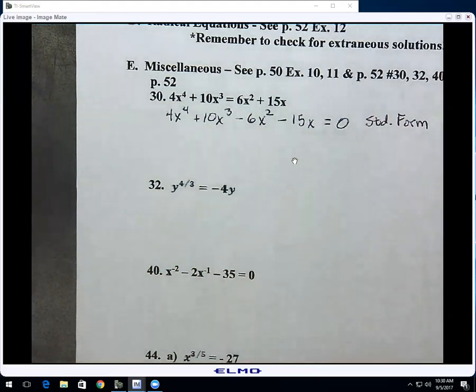What's the only way we know to even attempt to solve something that has 4 terms? Grouping. All right, so now we're praying that it'll factor by grouping.